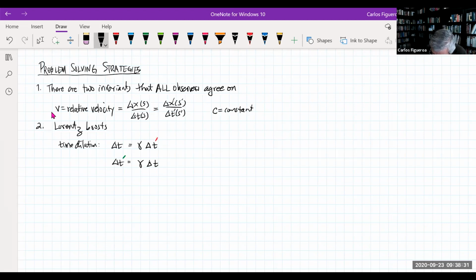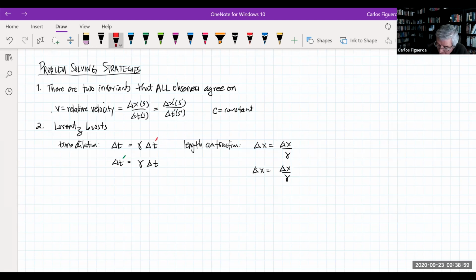And the other one, of course, is length contraction. So when I write this down, I almost always write it like this. And then I say the exact same thing as before. From what frame am I talking about? And I think this can get really slippery.